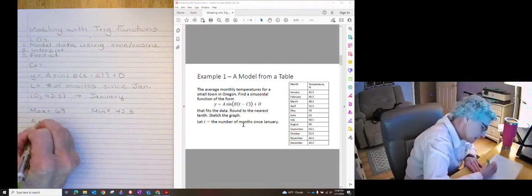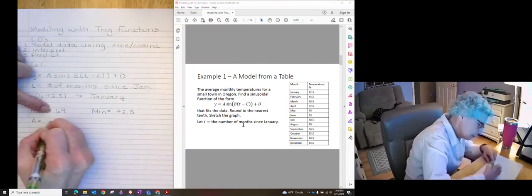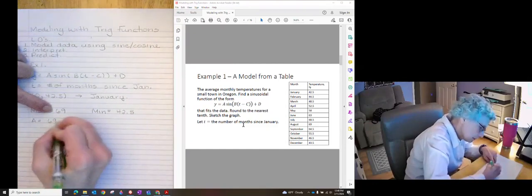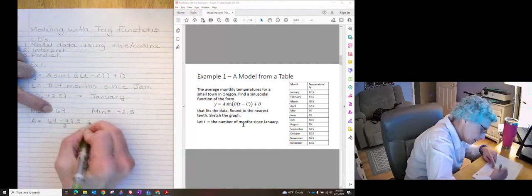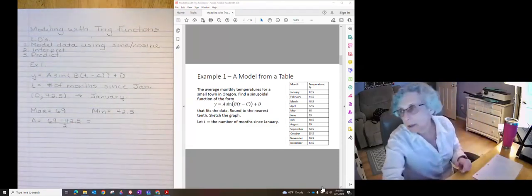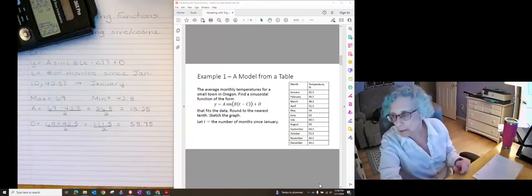So that means that A is equal to max minus min, divided by 2. And let me grab a calculator so I can compute that.